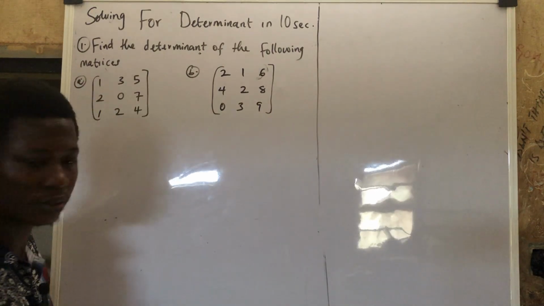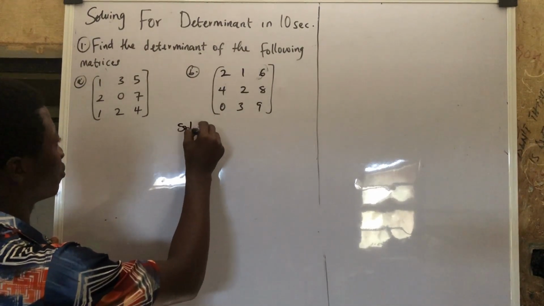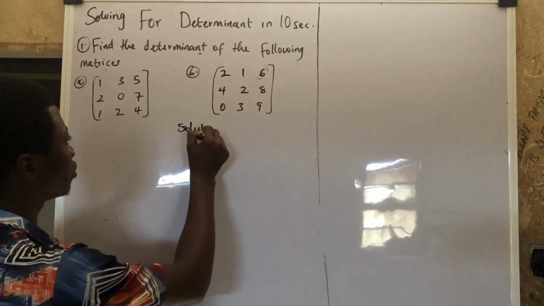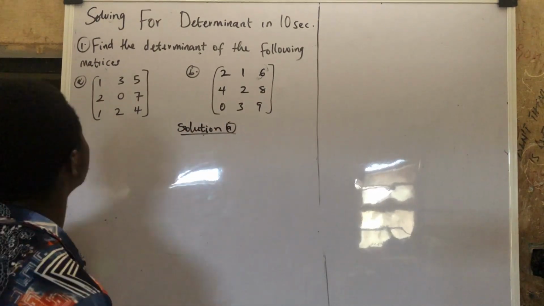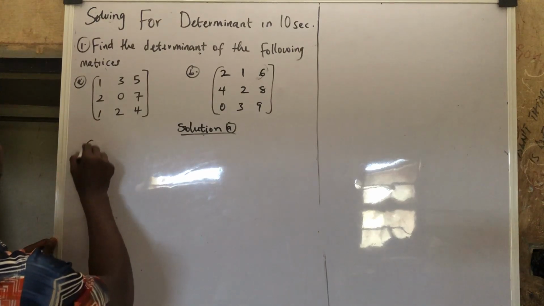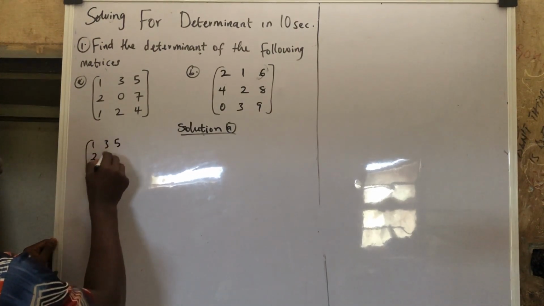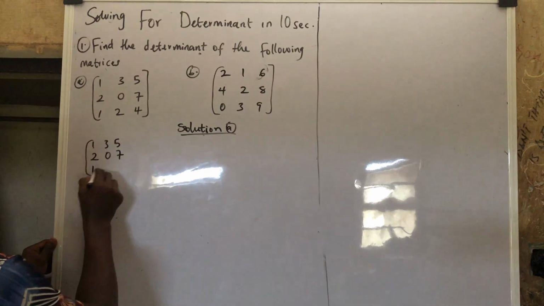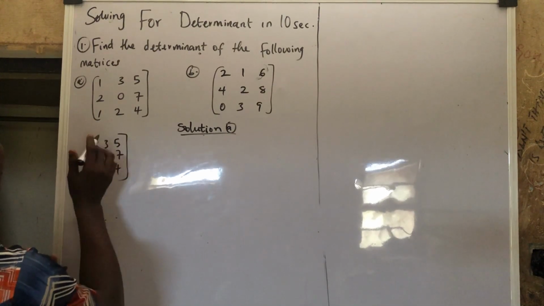Okay, now solution. So we're about to do the solution to question A. So question A, I rewrite it: 1 3 5, 2 0 7, 1 2 4. So we want to find the determinant of this matrix.